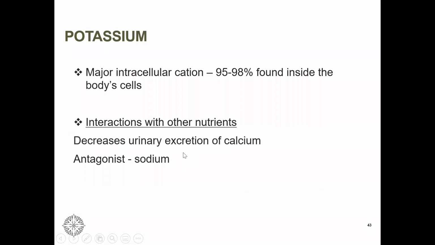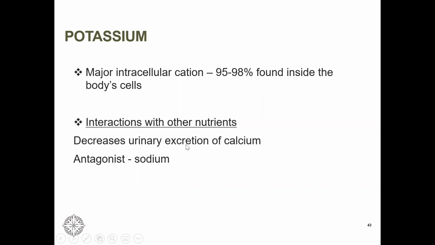Now we discuss in short potassium and sodium digestion and absorption. As I mentioned previously, in session 13 we'll be talking about them in a little bit more detail because they have their importance in their ionic form. So potassium is the major intracellular cation, so it is mostly found inside the cell.